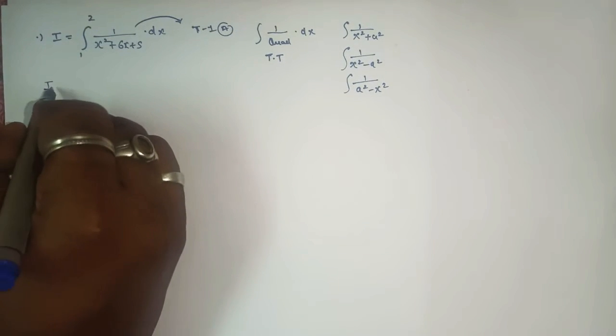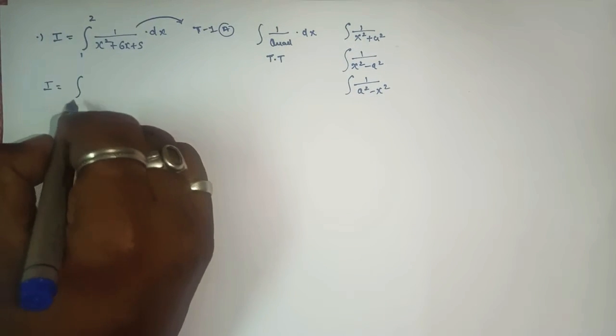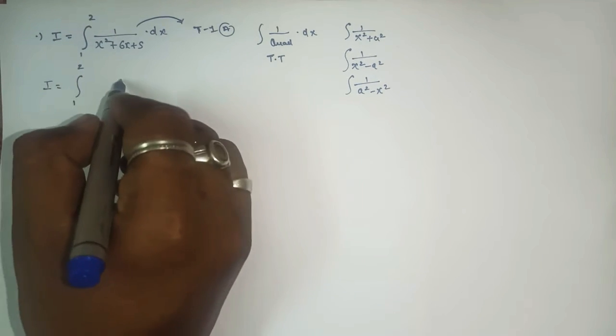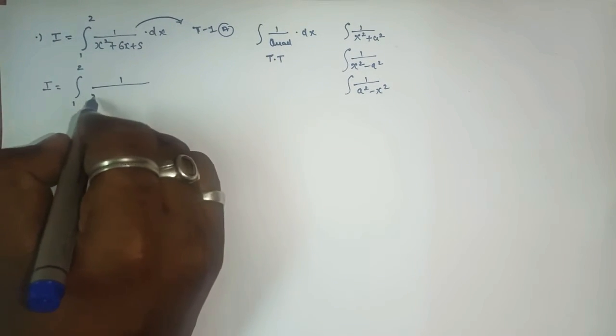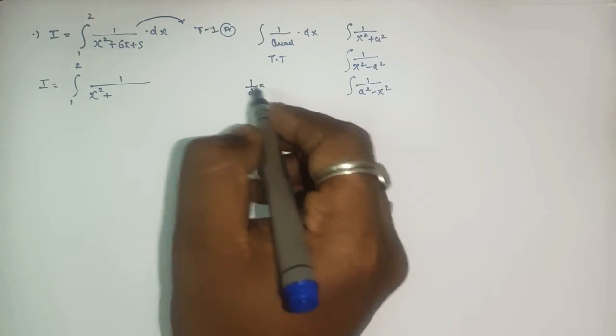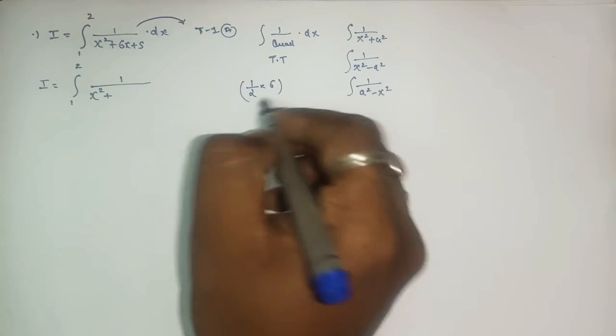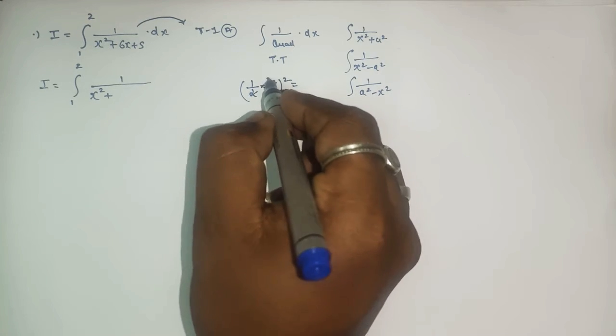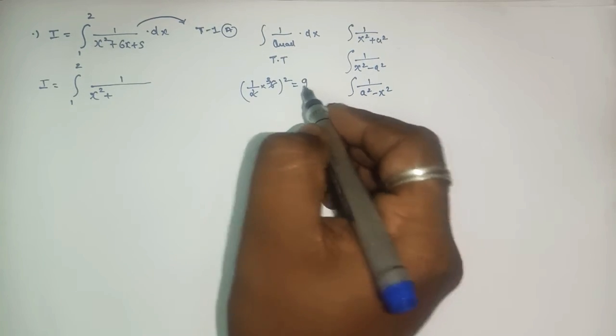So I equals to integral from 1 to 2 of 1 upon x square plus 6x, so half into the coefficient of x, the whole square. So here you will get 3 squared, which is 9.